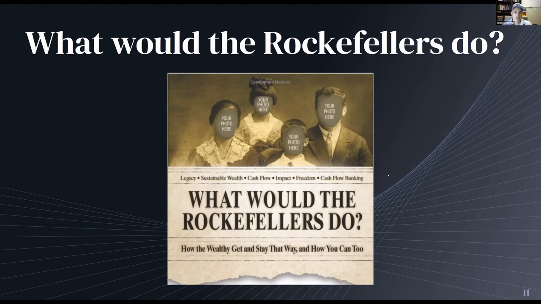What Would the Rockefellers Do is an exploration and investigation of how the Rockefellers have stayed wealthy for going on 5-6 generations now, when other very, very rich families seem to squander their wealth within 1, 2, 3 generations max.